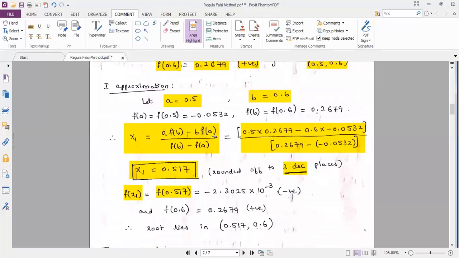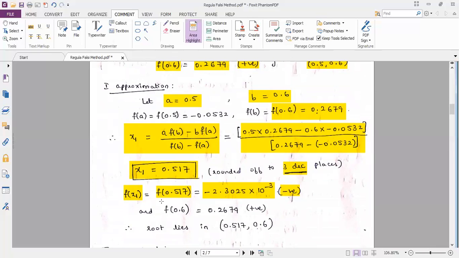So f of 0.517 is a negative value, minus 2.3025 into 10 power minus 3. Evaluating using a calculator, it's a negative value. Since f of 0.517 is negative, we have the previous positive value in the approximation for f of 0.6, which is 0.2679.